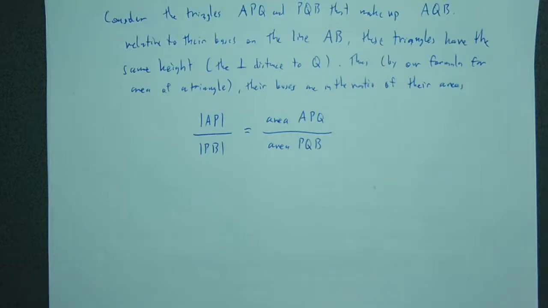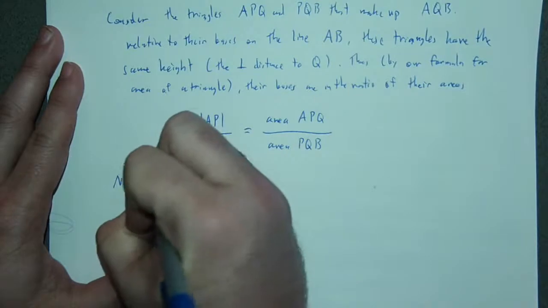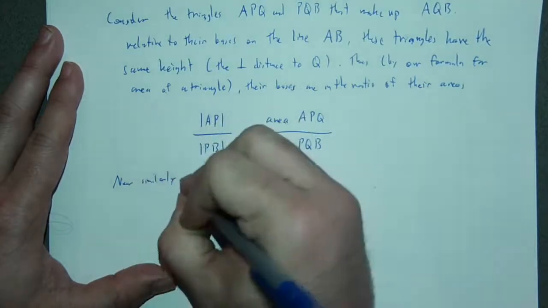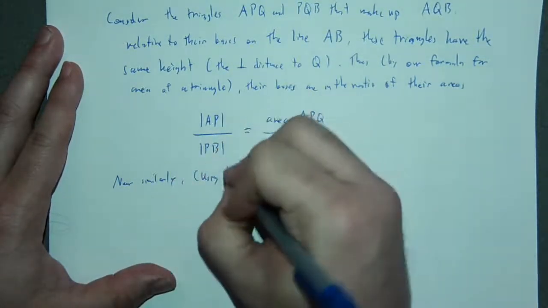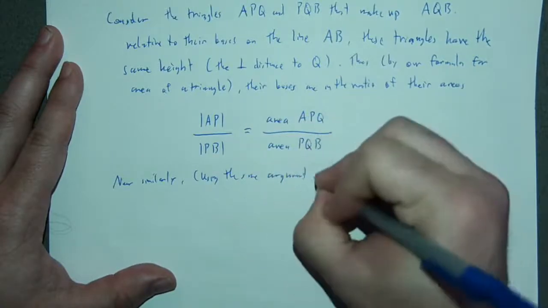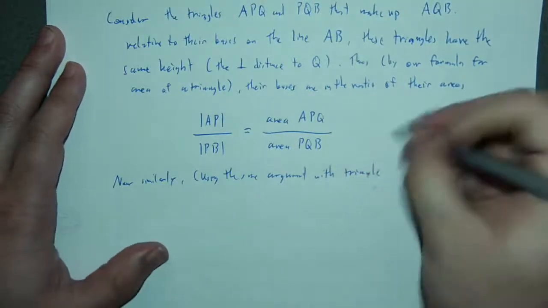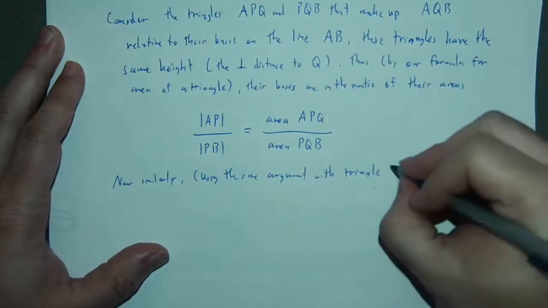Okay. Now, we could have actually done it the other way, right? Now, similarly, using the same argument with triangle PQC instead.